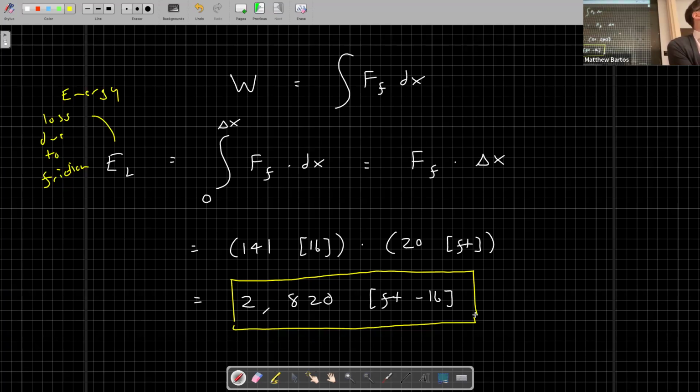You integrate the momentum. Yeah, that's exactly right. So we're going to integrate the momentum equation over the length of our control volume. So let's go ahead and do that.